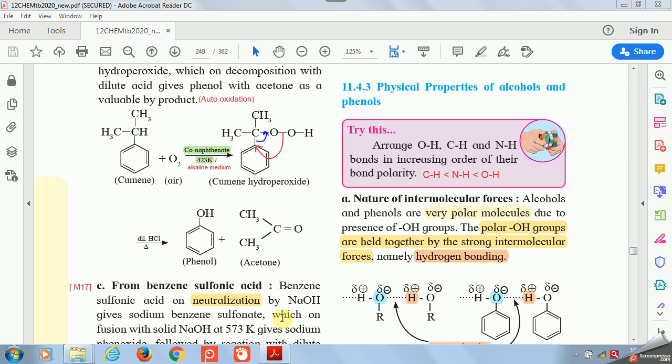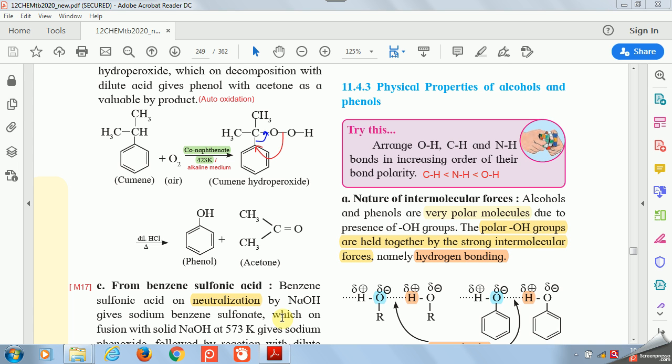So more is the electronegativity of that atom as compared to the other atom in the respective bond, more is the polarity. So to decide the polarity, we must know the electronegativity of these atoms.